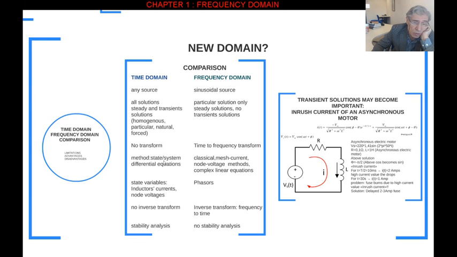And the method, system, state equation, state differential equations. So we are going to see that here, these differential equations are not used anymore, they will be linear equations. The only difference, LC elements included, linear equations we are talking about.